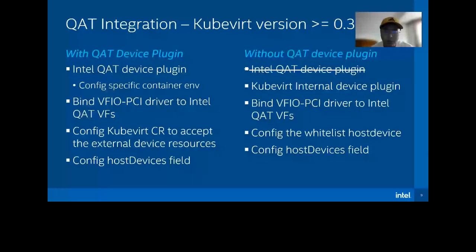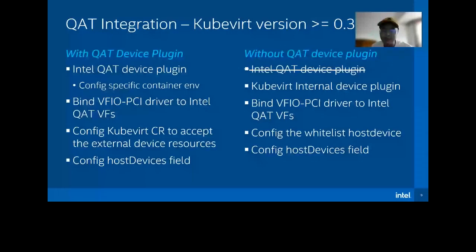And we need to bind the VFIO PCI driver to the Intel QAT VF and configure KubeVirt to access the external device resource. The resource name is posted by the QAT device plugin, and we configure the hostDevices field.